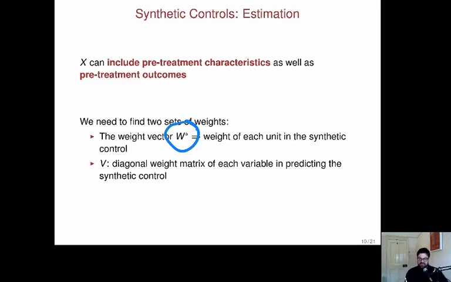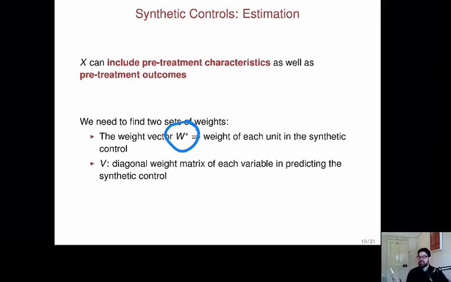But that's not the only dimension we're looking at here, because for each unit we observe multiple variables. So the idea is that you observe, for example, their pre-treatment outcomes in multiple time periods, and you observe different variables.